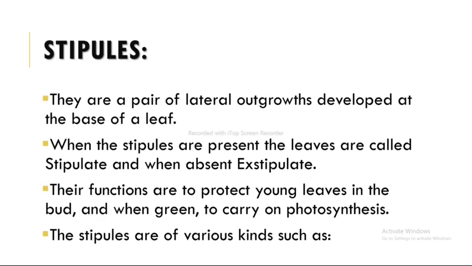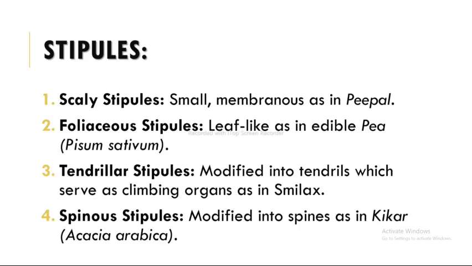The stipules are of various kinds. The first kind is known as scaly stipules. These are small and membranous, as in peepal. The second type is known as foliaceous stipules. These are leaf-like, as in the edible pea, which is also known as Pisum sativum. The third type is known as tendrilar stipules.